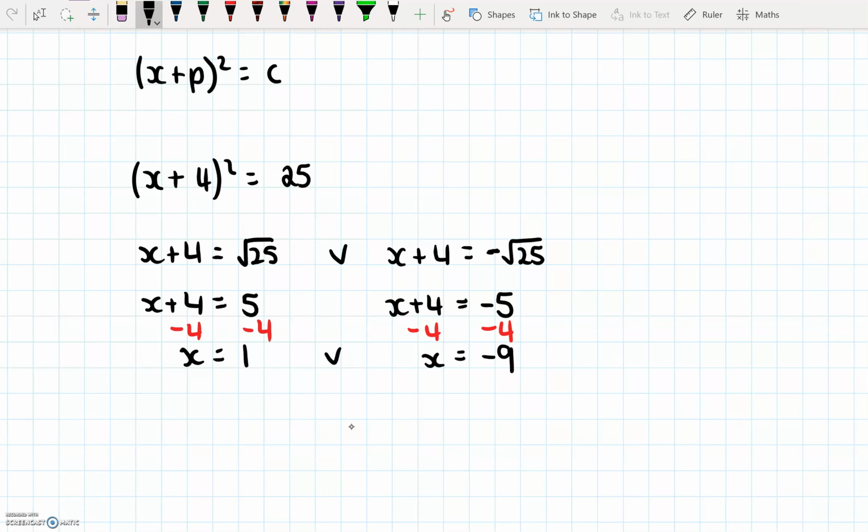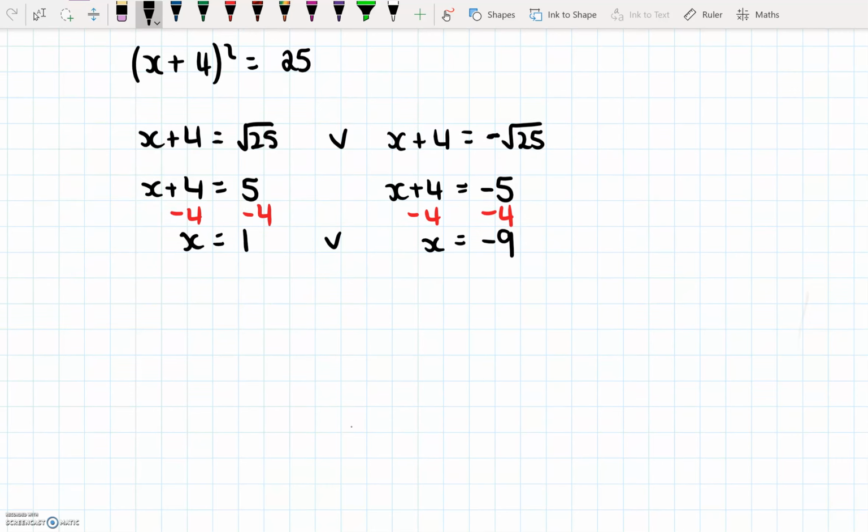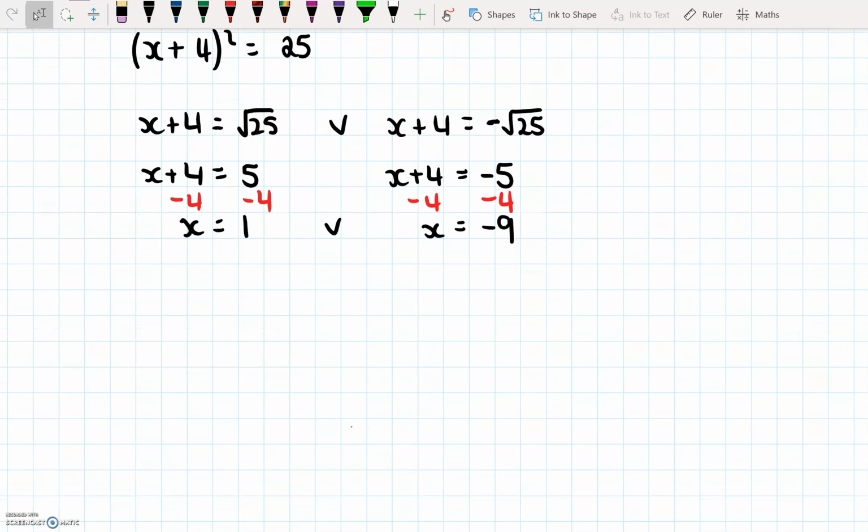So this is when an equation is in the form of something squared equals something. Now there are a few things you need to think about here. Firstly, we can also have numbers in front of the brackets. So we might have something like 3(x plus 2) squared equals 48.